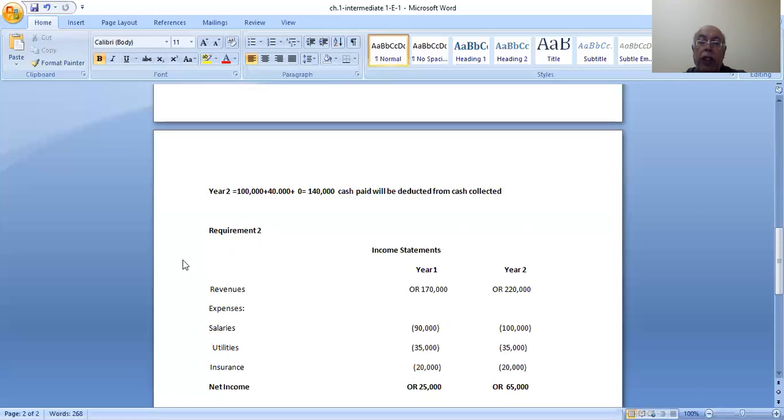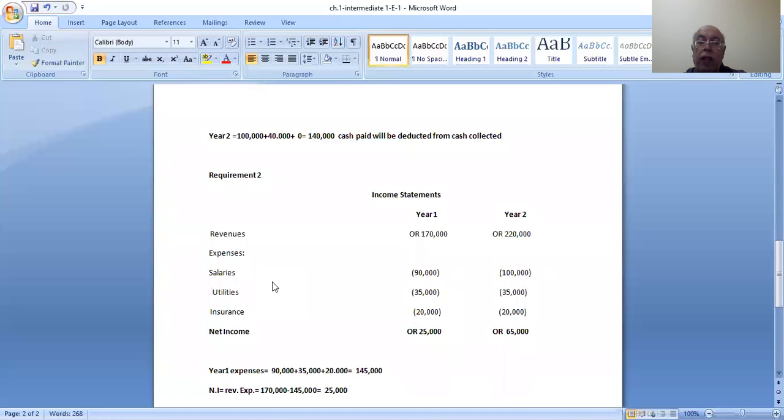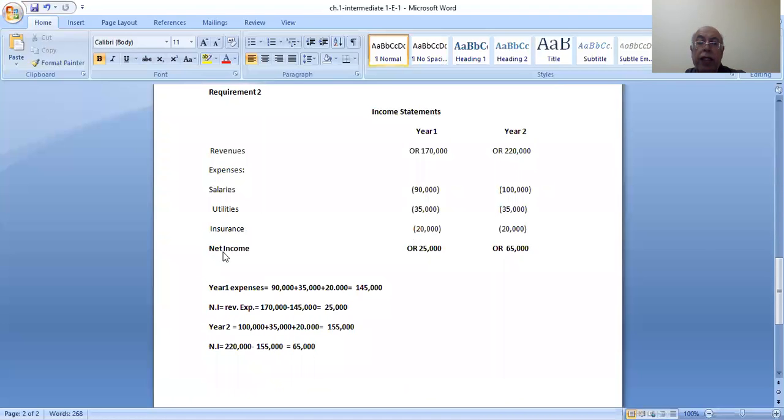That means we distribute the 60,000 during the period of the insurance policy. So it's easy now to find the net income: 170,000 minus the summation of 90 plus 35 plus 20, and you will get net income of 25,000.